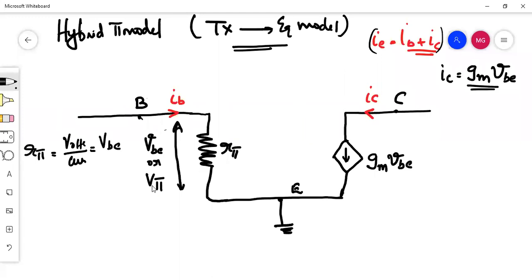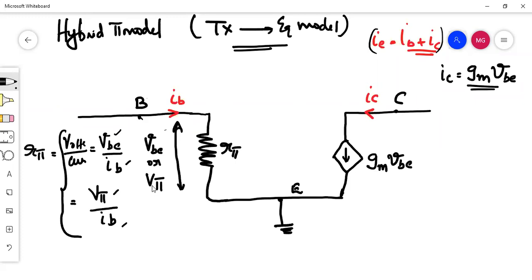So I can write R pi equals small VBE divided by the current. What is the current? Small IB. Or this VBE is also represented by V pi, so I can write V pi divided by IB. So R pi can be represented with two terms, either VBE by IB or V pi by IB.